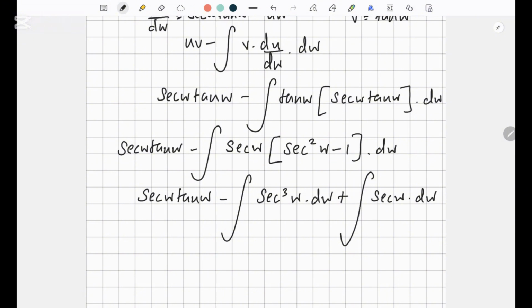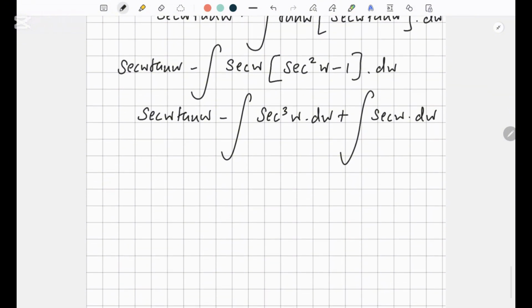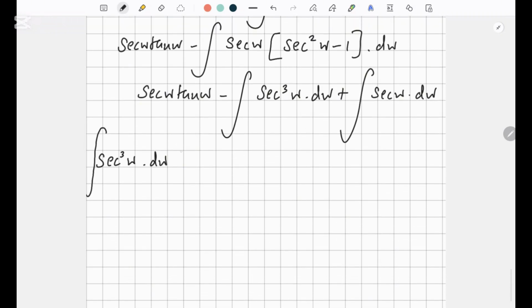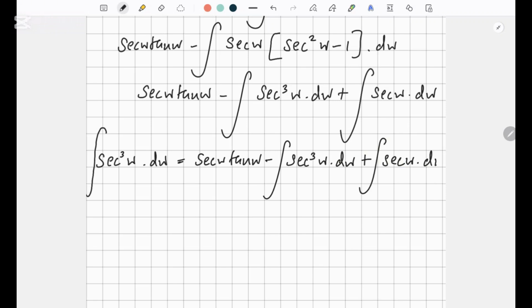Now this is basically the integration of sec cube w, right? So sec cube w dot dw, the integration, sorry, I forgot to write the integration sign. So the integration of that equals sec w tan w minus sec cube w dot dw plus the integration of sec w dot dw.